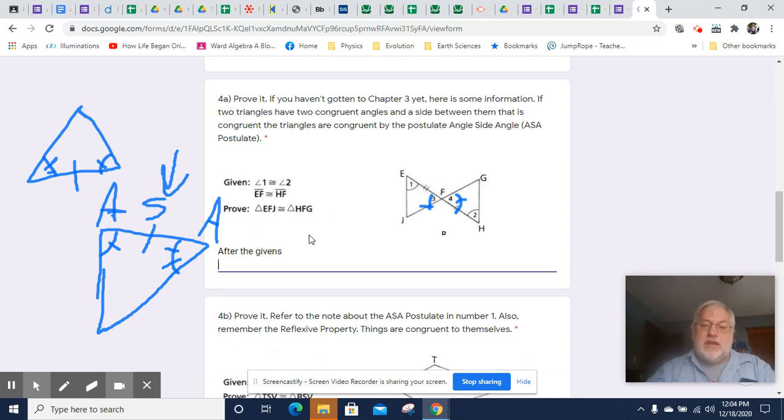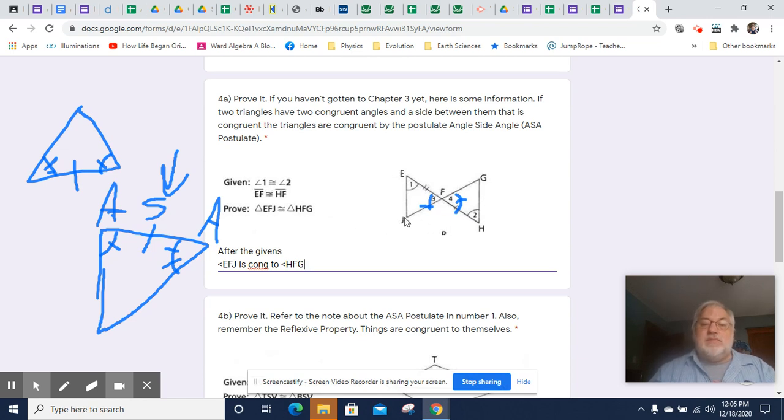So after the givens, you would say angle EFJ is congruent to angle HFG, and I'm labeling it that way because that's the order in which the points appear.